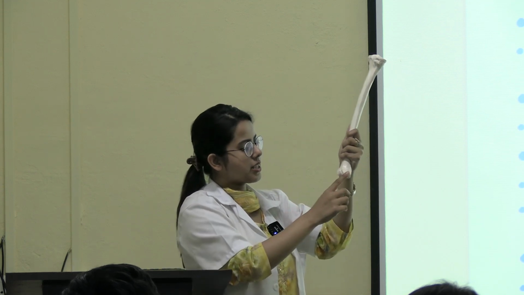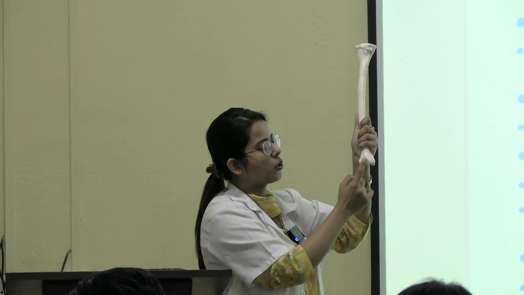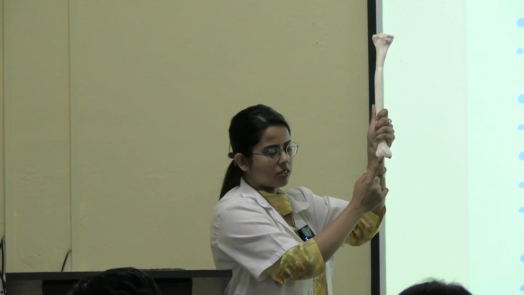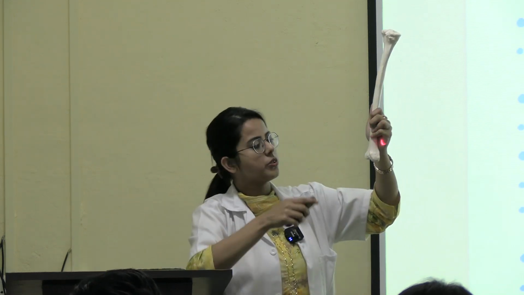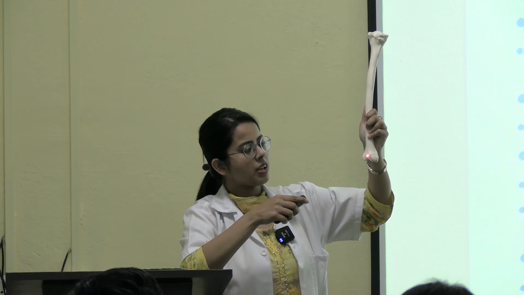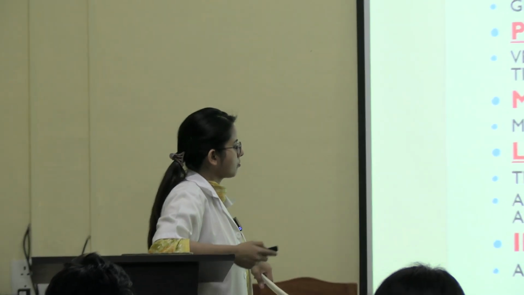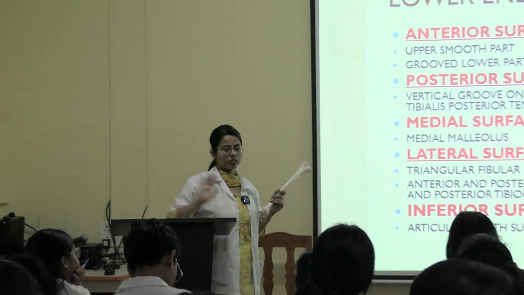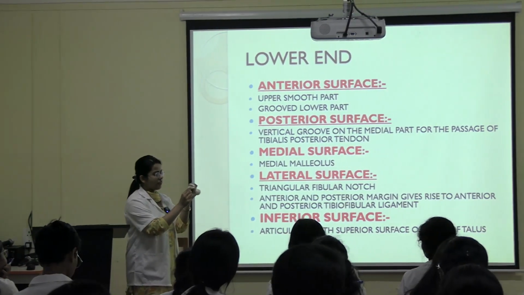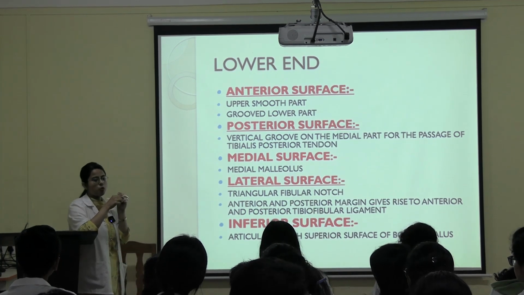The posterior surface has a groove medially, for the passage of the tibialis posterior tendon. Clear? And this inferior surface will articulate with the talus, which is a bone of the foot.